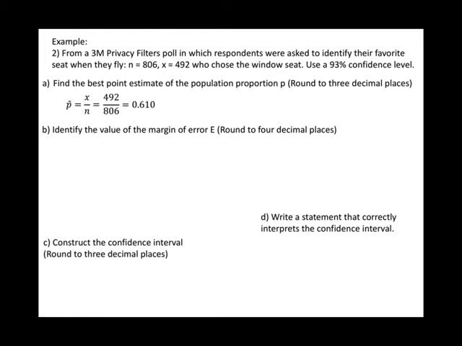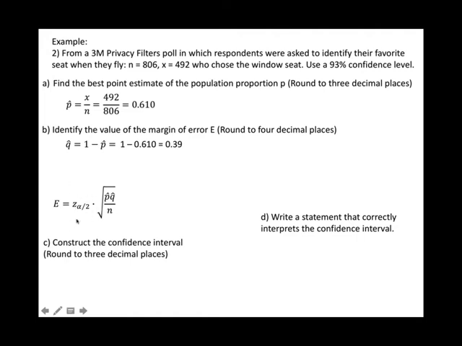And then B, I want to find the margin of error. Let me write down the formula. So think about it, what we're gonna do first. We already have the p-hat here. We found it from the previous part. So I want you to find the q-hat. You should get 0.39.